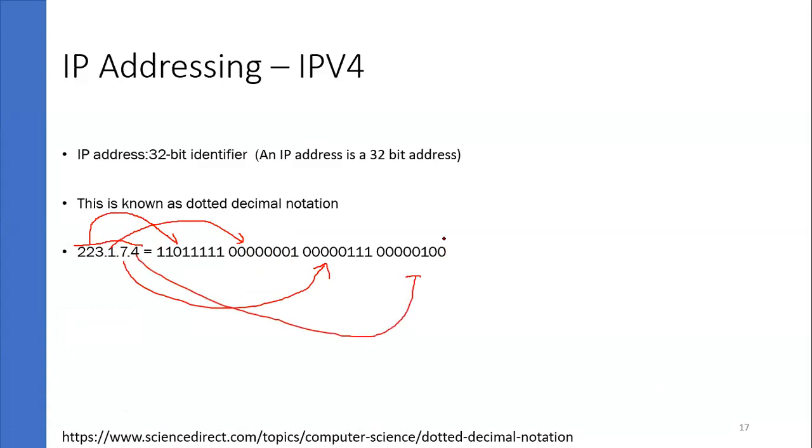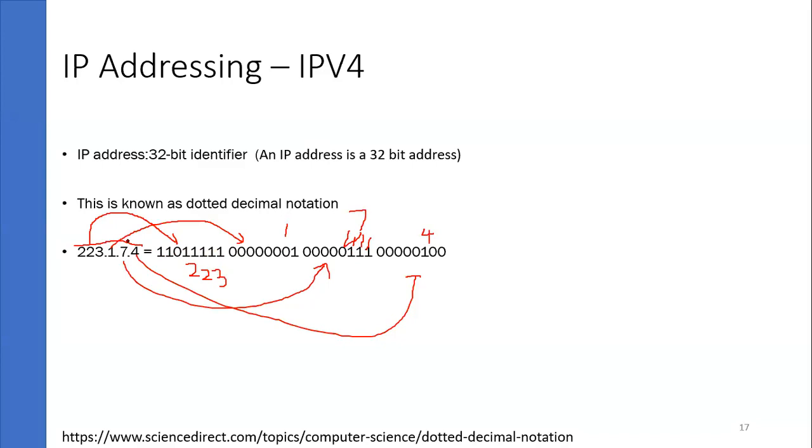What is this one? 1, 2, 4. Here it's 1, 2, 4: 4 plus 2 plus 1, so that is 7. And this is 1, 2, 4, 7, 8. Sorry, 8, 16. Likewise, it keeps moving. So the value here is 223.